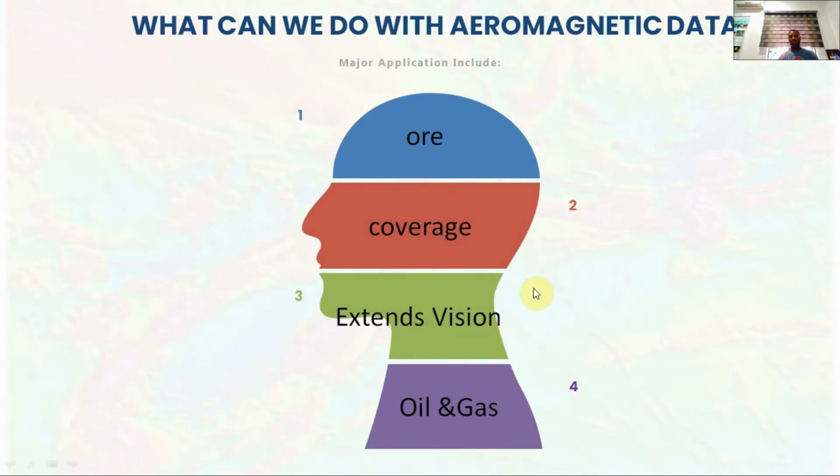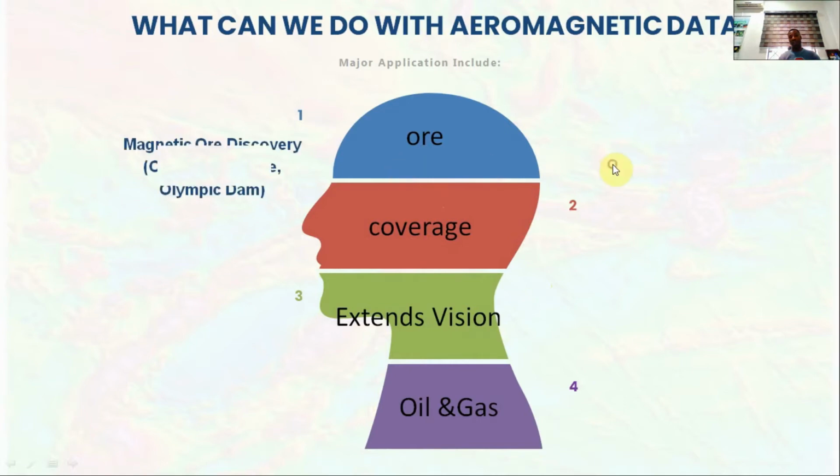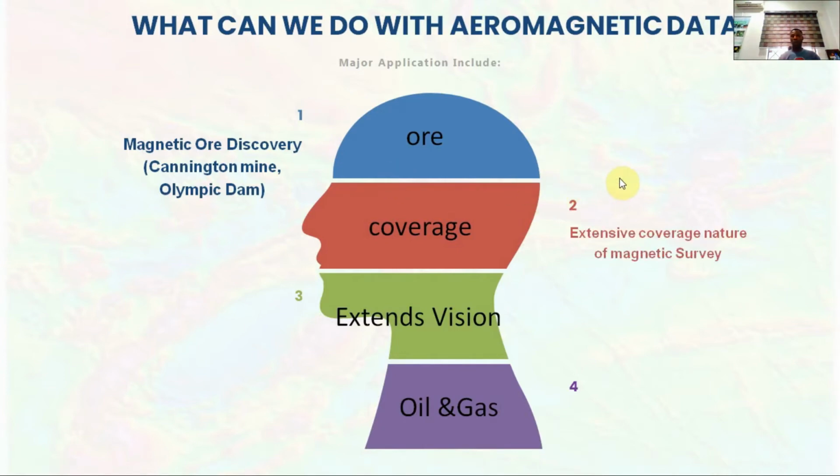Before we go into this, we want to understand some major applications. One is in oil discovery. Most of the major mines, like the Carrington mines and the Olympic Dam in Australia, are major products of aeromagnetic data interpretation. We also use this because of its extensive coverage.